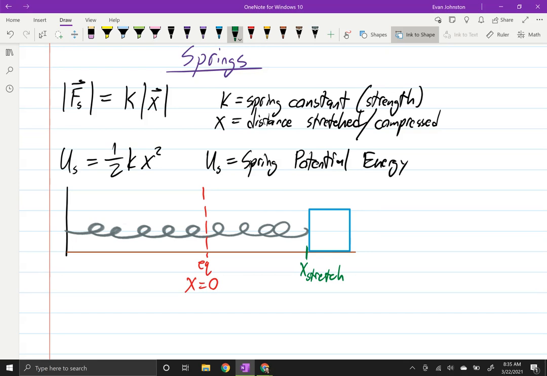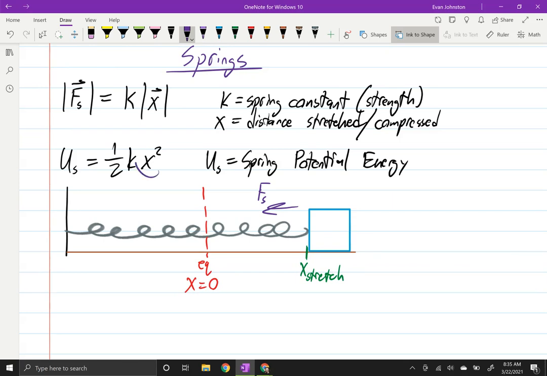It doesn't really matter. Well, that means obviously the spring is going to be pulling to the left with this spring force, right? The spring is going to pull back towards equilibrium. And so let's say right here, this is the maximum distance it gets, this max x stretch. We could even call it x max instead.